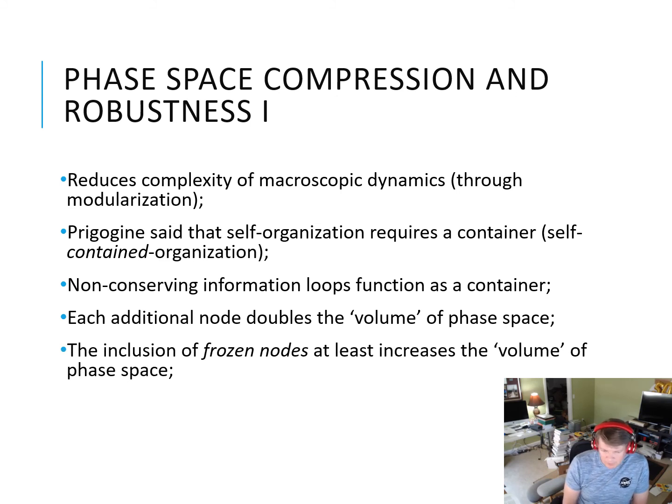Another way of saying this is, the inclusion of frozen nodes at least increases the volume of space. So there's two things here, and they can't be untangled in a nice, easy way. The existence of the frozen nodes results in a larger phase space, which is less sensitive to external perturbations.